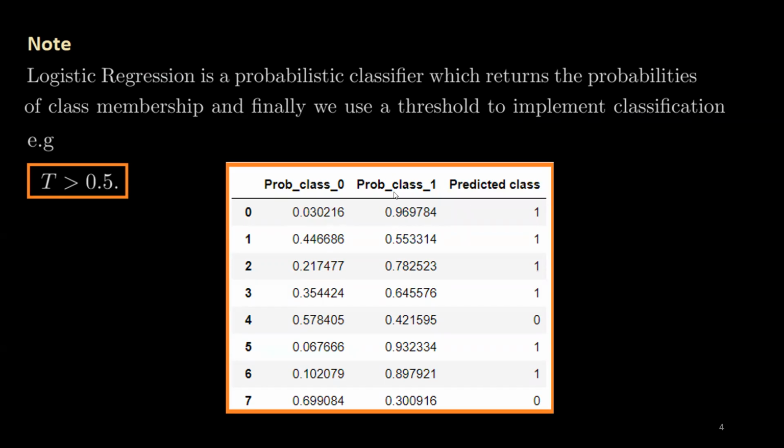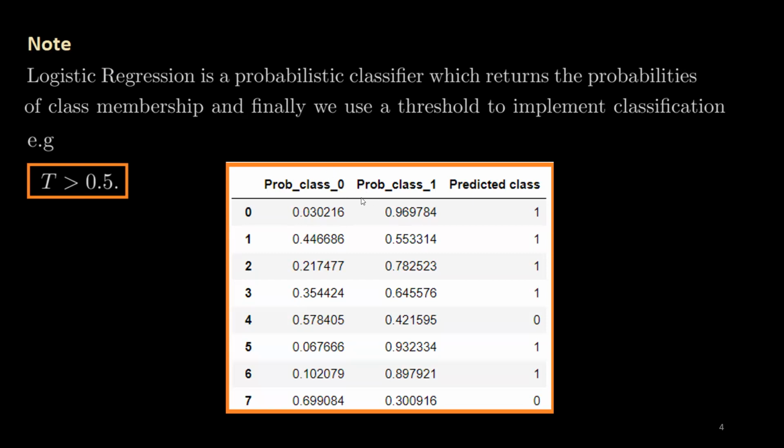Now, this is an example, and from 0 to 7 we have 8 data samples. What will logistic regression return for these data samples? Suppose we have two classes in which we have to classify the sample. Logistic regression will return the probability of the classes. For the first sample, it is telling us that there is a 96.9% chance that it belongs to class 1, and only a 3% chance that it belongs to class 0.